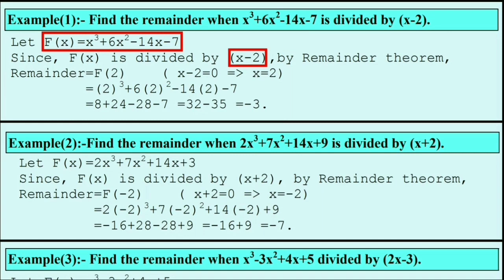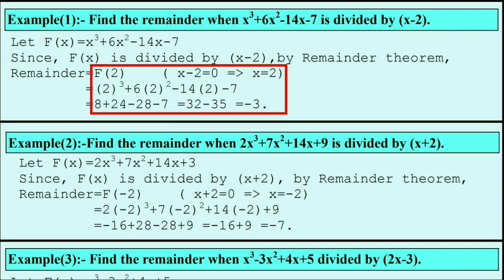We take the advantage of that, we implement that, but we don't need to write all this, and we simply put the reason. The reason is by remainder theorem. So in that relation too we have to aim the same thing, to make the divisor x minus 2 zero, so that the term divisor multiplied by quotient becomes 0 and the remainder only survives at the right hand side. So that should be there in your mind, but we don't need to write here because we put the reference of remainder theorem as reason here.